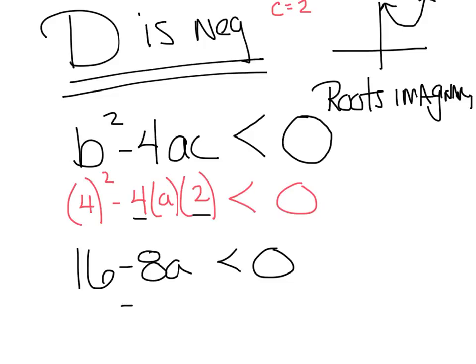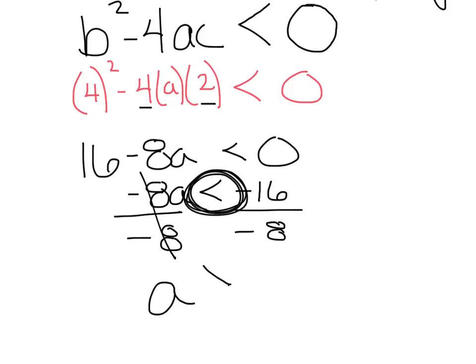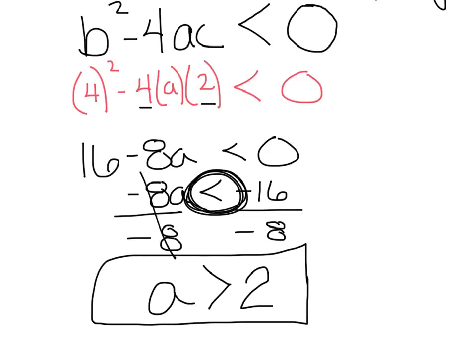I'm going to say negative 8a is less than negative 16. I just subtracted my 16 over. And I'm going to divide both sides by negative 8. Now the only bear trap is when you divide by a negative, you've got to flip that sign. So I will get a greater than 2. Any number bigger than 2 will get me a discriminant that's negative.